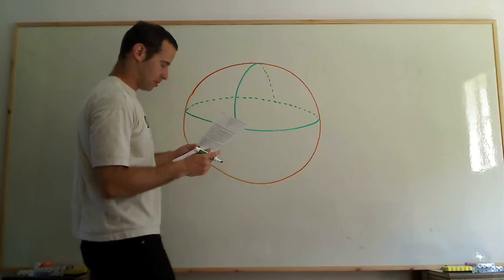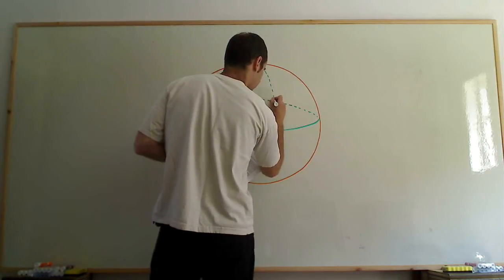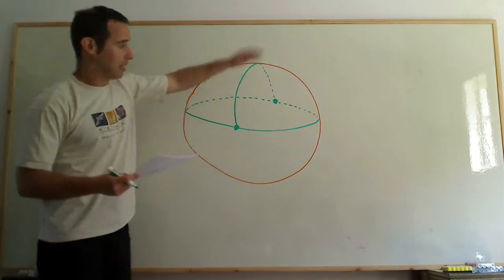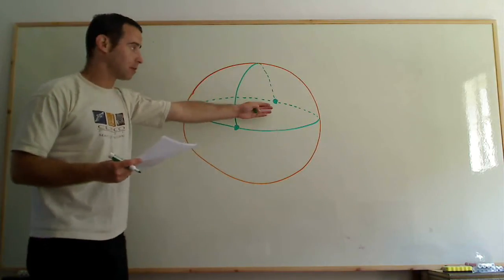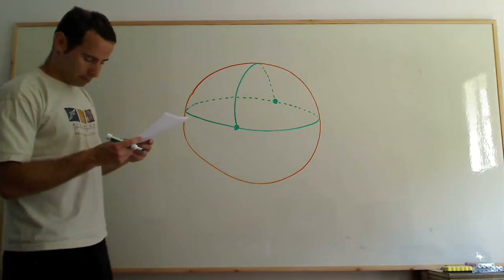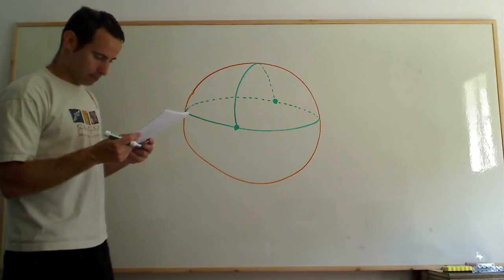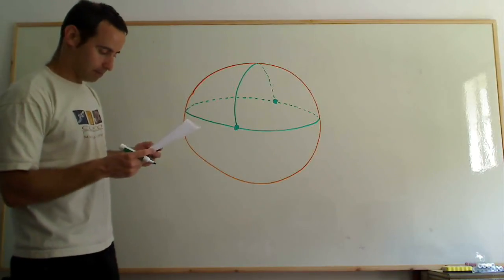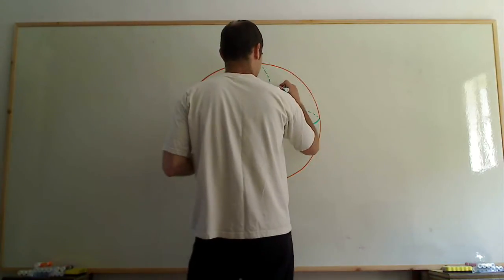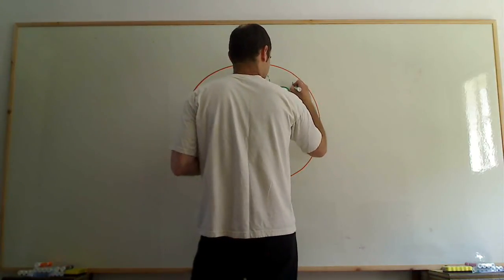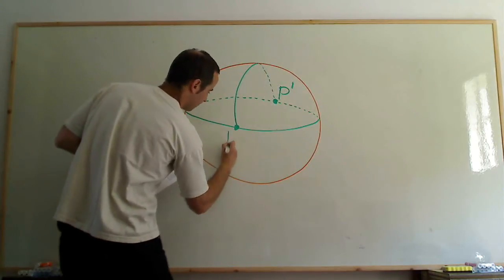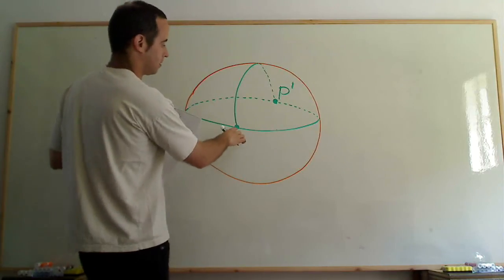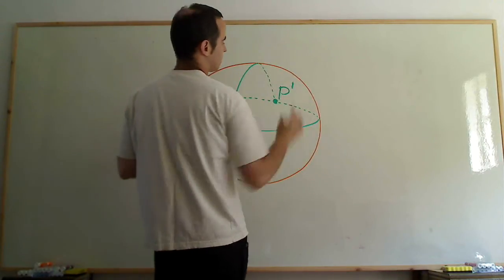Okay, so this point in the other side of the basketball that we don't see, we call P prime. This is P prime, and this is P. The point in the side that we see is P. The point in the side that we don't see is P prime.